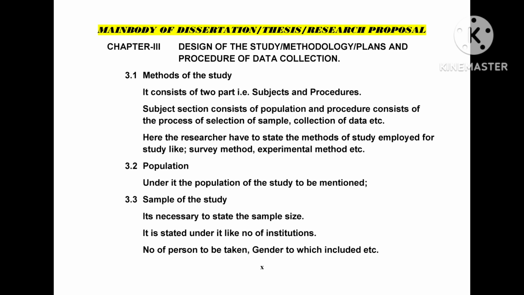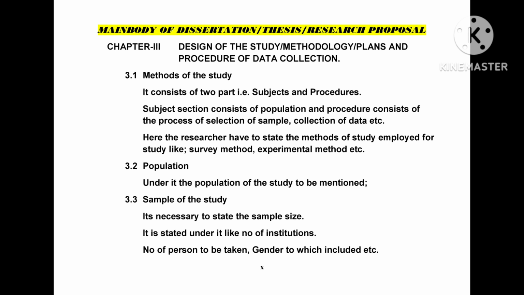Under 3.1 method of the study, it is generally in two parts, that is subjects and procedures. In subjects we have to state our population, sample and any other way of collection of data.